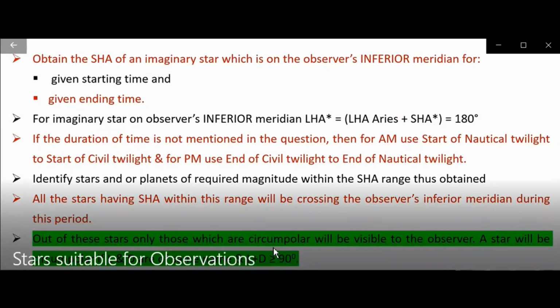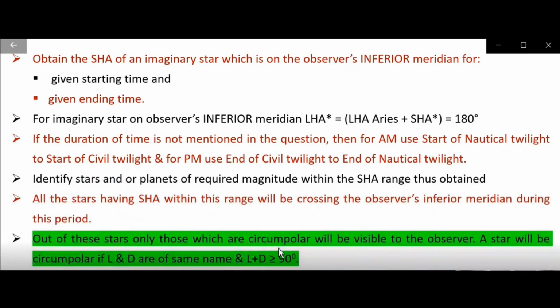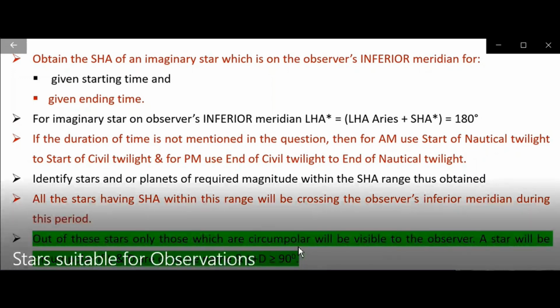Now, another important thing to understand in this question is that for the visibility, since we are talking of the inferior meridian, the L difference D criteria will not be applicable here. What will be applicable is the circumpolar criteria. So to check the visibility or suitability for sight, we will need to check if a star is circumpolar or not.